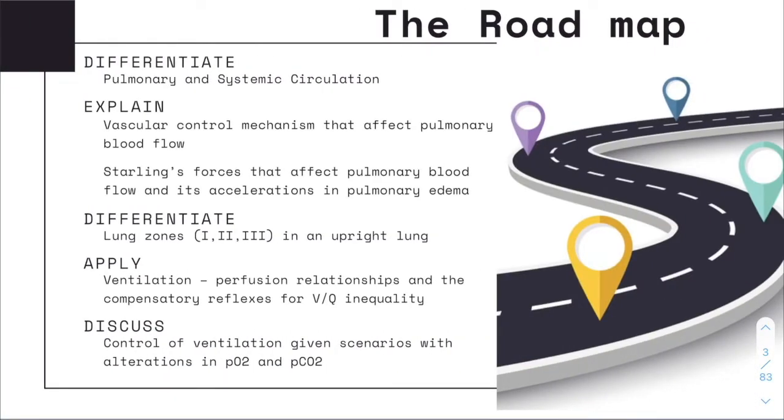So the roadmap for today's lecture will be to differentiate pulmonary and systemic circulation, to explain vascular control mechanism that affect your pulmonary blood flow, the Starling's forces that would affect pulmonary blood flow, and formation of pulmonary edema.